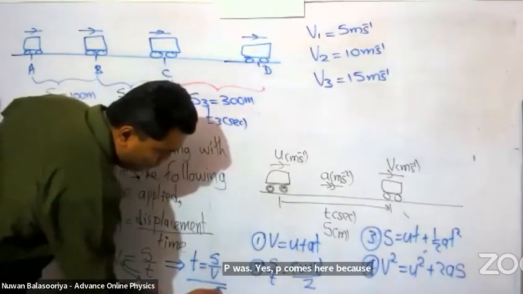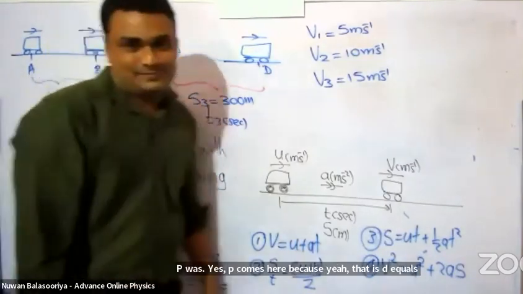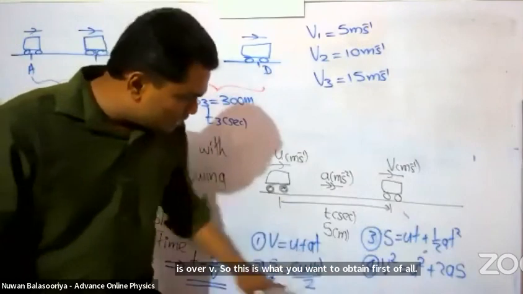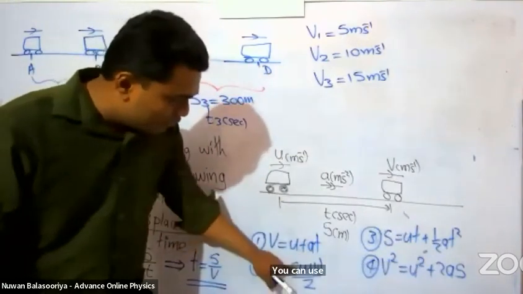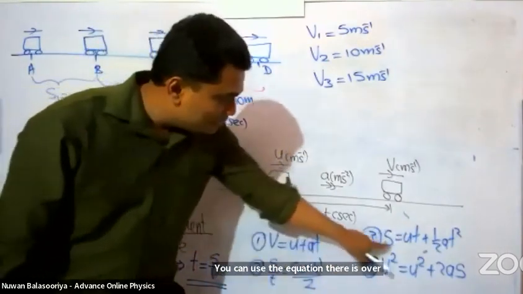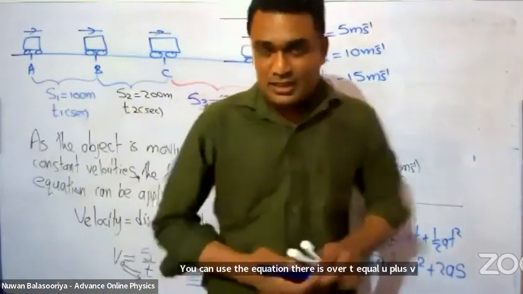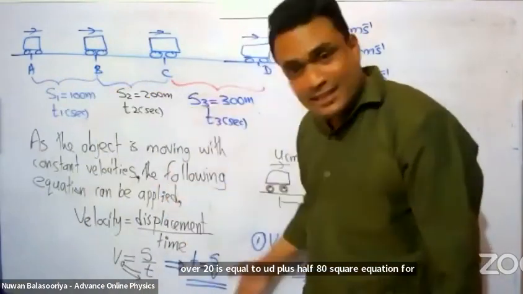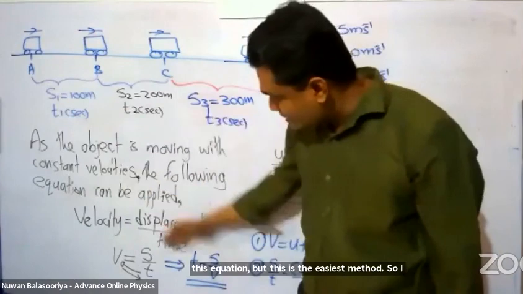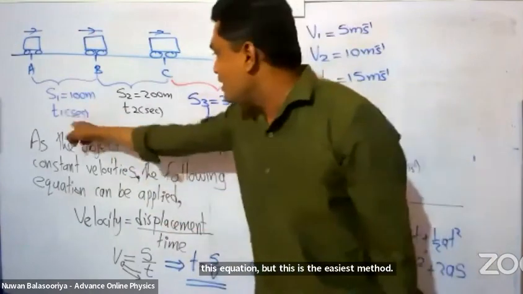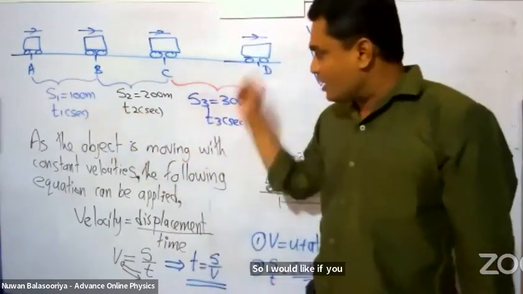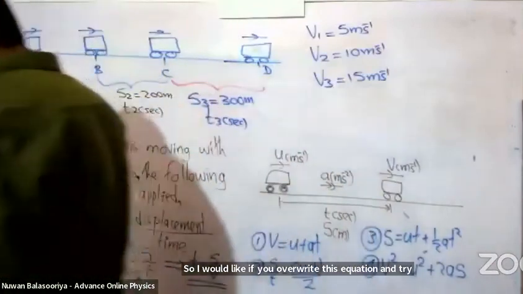So this is what you want to obtain first of all. Even you can use the equation S over T equals (U plus V) over 2, or S equals UT plus half AT squared for this question, but this is the easiest method. So I would like you all to write this equation and try to find T1, T2, T3.